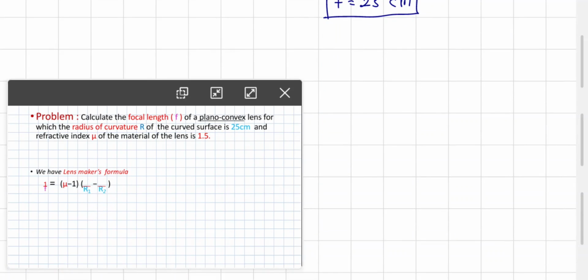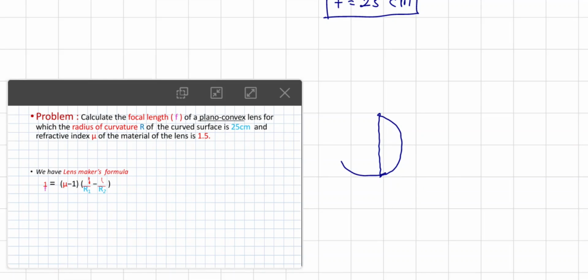Again another problem: calculate the focal length f of a plano-convex lens. Here the lens is plano-convex, that means one side is plane and the other side is convex. So this side can form a circle, but this side cannot. So obviously the radius of curvature r1 for this side will be infinite.